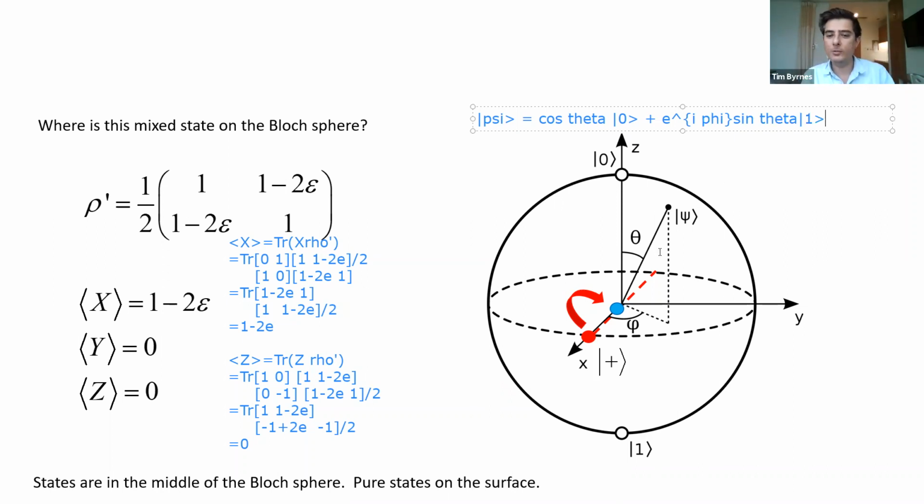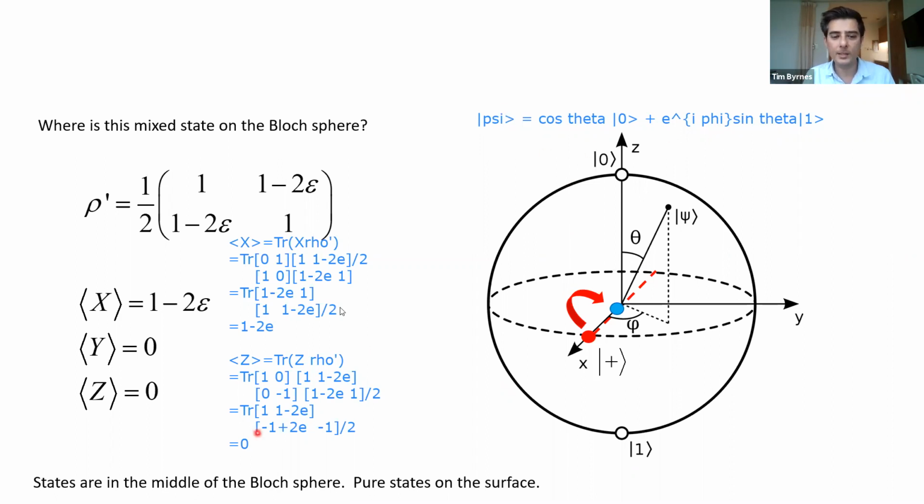This is the first time we've seen any state that's actually in the middle. And this is now an extension of this whole Bloch sphere idea: if you have a pure state, it's always on the surface. So this was a pure state.